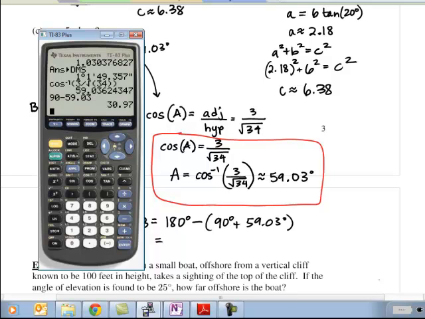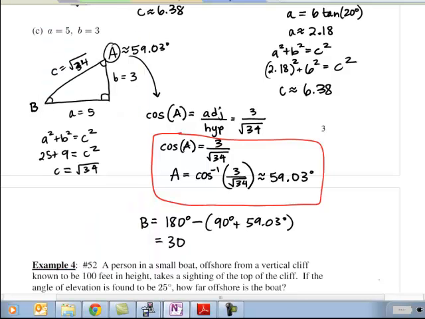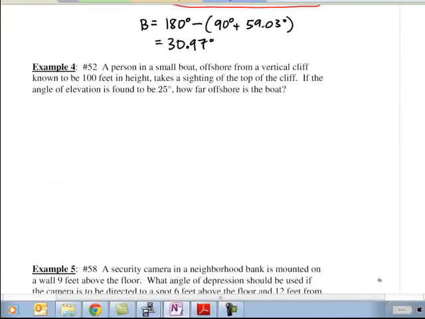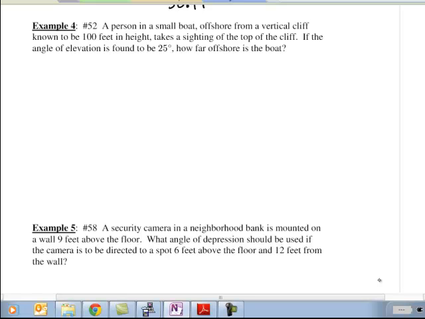Looks like 30.97 degrees for that last one. So we know all the angles and all the sides. A little more complicated.